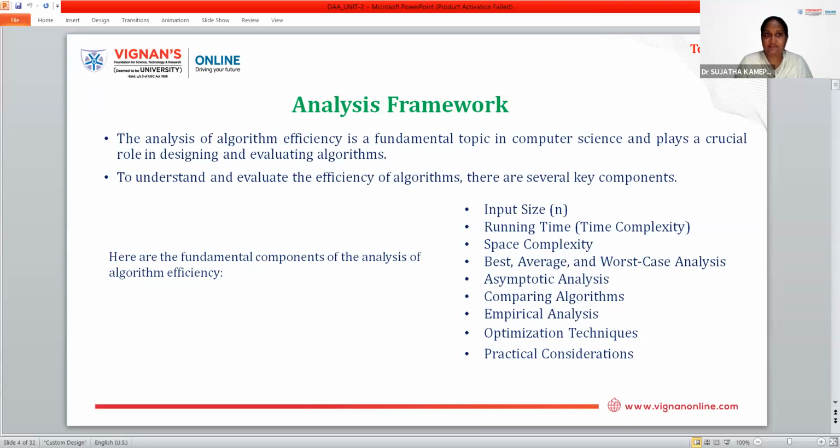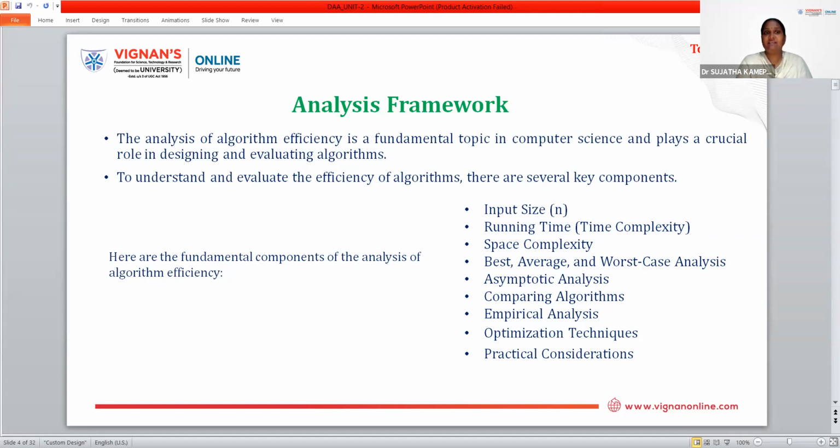This analysis helps us understand how different algorithms perform under various conditions and helps us make informed decisions about which algorithm to use for a particular task.